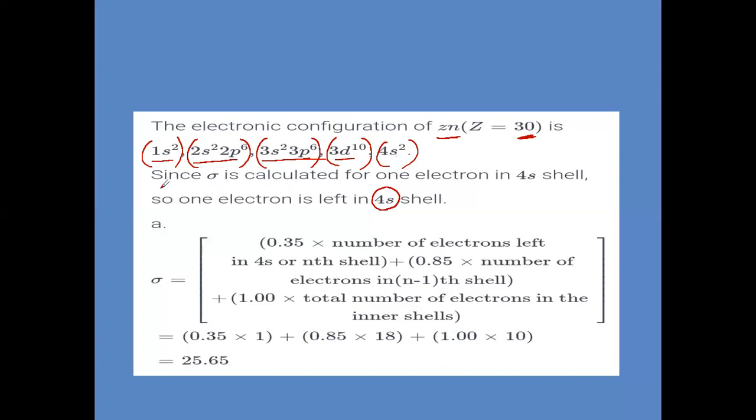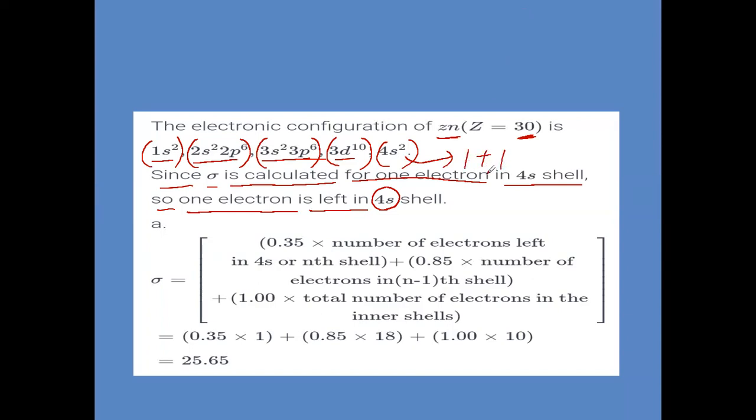Since sigma is calculated for one electron in the 4s orbital, one electron is left in 4s. Totally, how many electrons are there in 4s? 2 electrons, written as 1 plus 1.